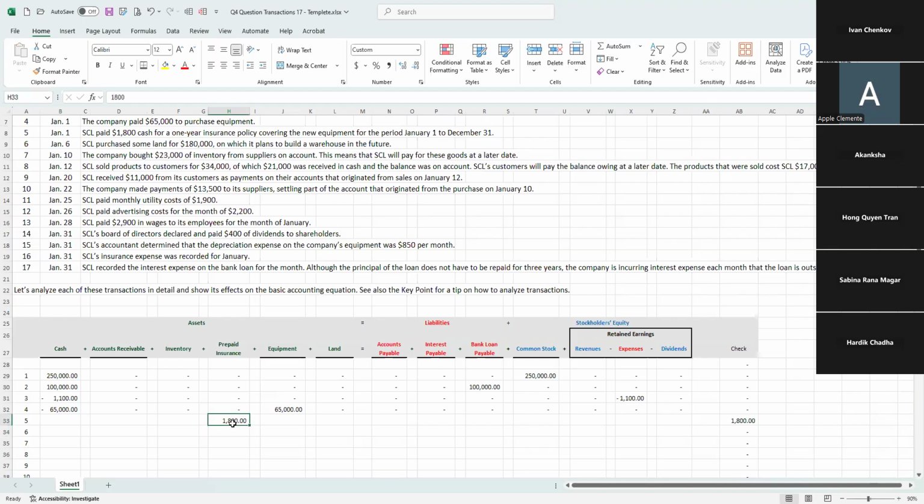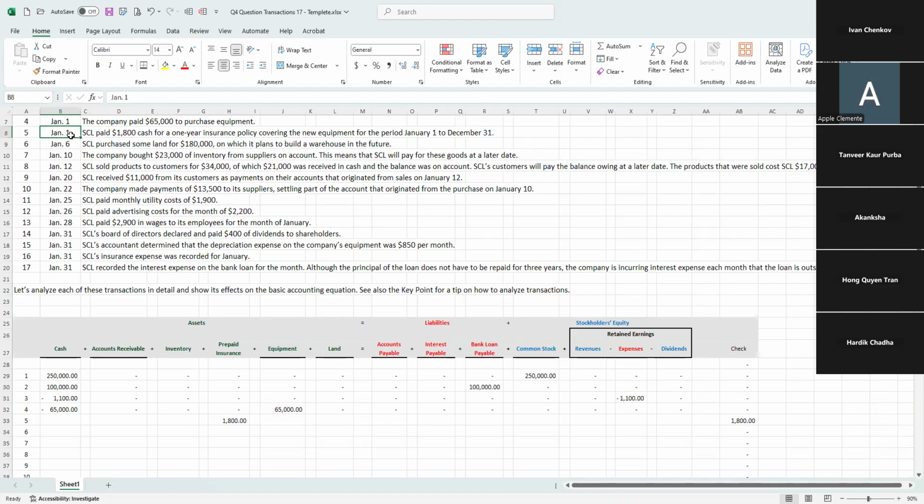What's going to go down now? Professor, could you repeat it? Yes. On January 1st, I bought equipment. Did they start using the equipment? No. But to ensure the equipment is not going to break, I'm purchasing insurance for that equipment on January 1st.